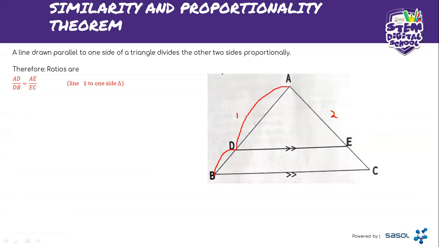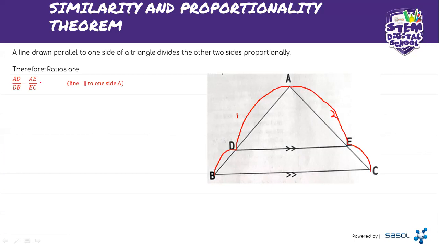Then you can see that the way we have moved on the left-hand side, we also have to move exactly the same on the right-hand side. Then it's going to be AE, because we cannot say AC. On the left-hand side, we did not move that way. We said AD divided by DB, so I must also do the same on this side to say AE divided by EC.